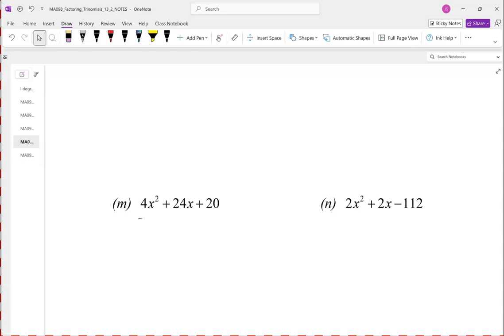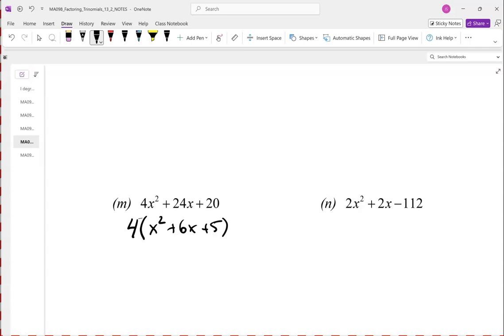Ready to talk about it? Yeah? All right. Looking at letter M here, what's first step? Yeah, find that GCF. What is the GCF? 4. Pull out the GCF, you're left with? Good. Everybody okay with getting the GCF out? Yeah? Okay.